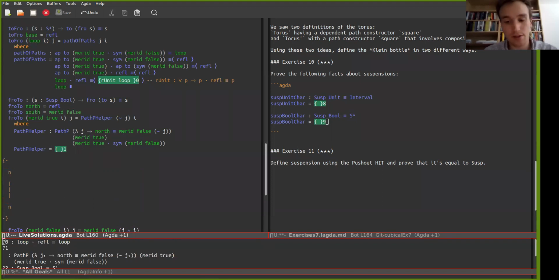And then here we go to south with this, which is very true. And here we go to north, which is with this composition. Cool.